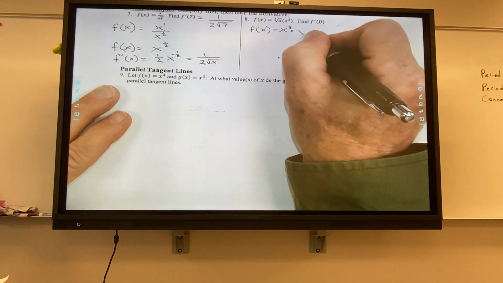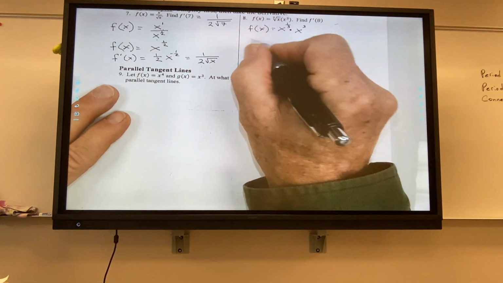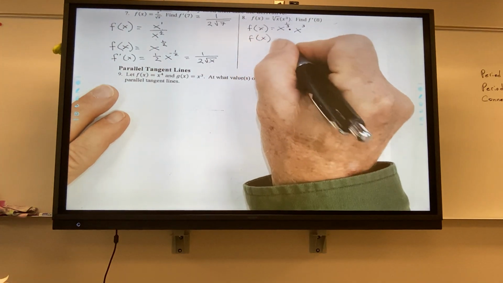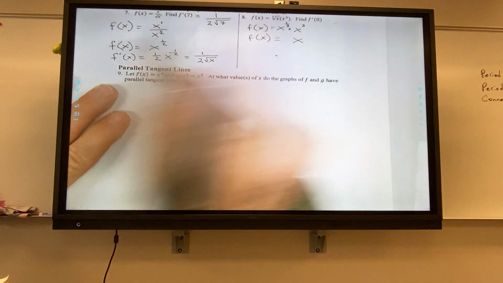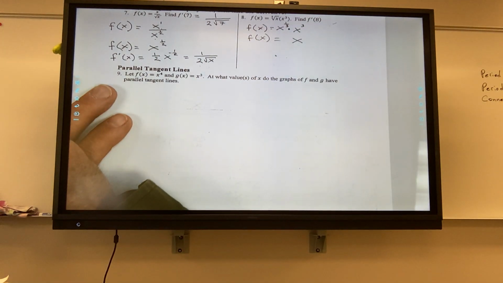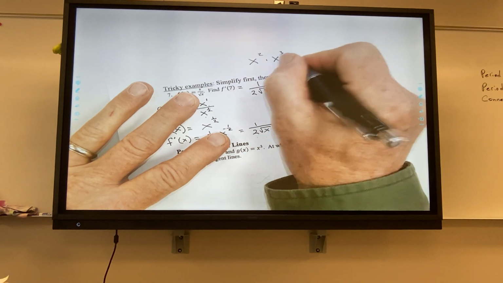Okay, so this is times x to the 3rd, right, Maria? So f of x is x to what power? I didn't hear you. What do you do with the exponents? Okay, what if I had this?